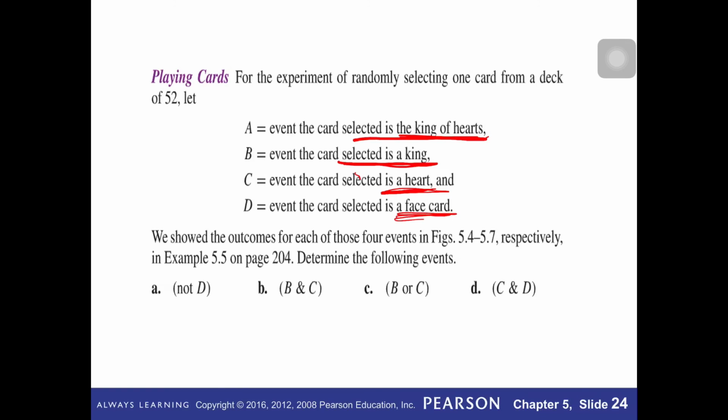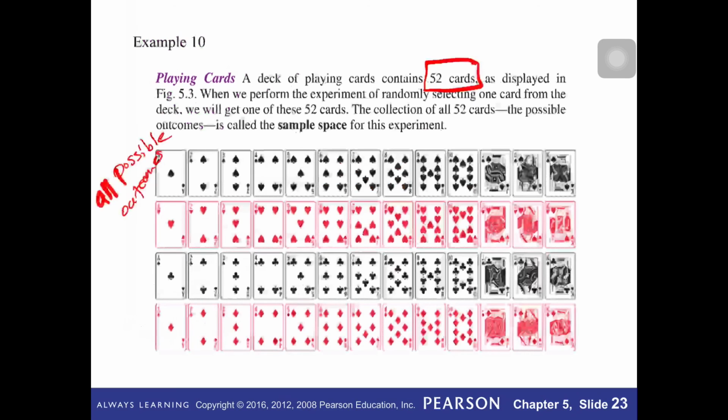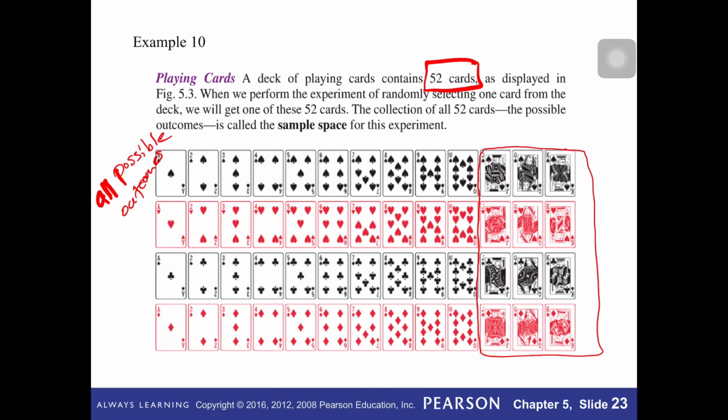Now we need to find the outcomes of not D. First, what is D? Not D means not face card, right? I need to find not face cards. What are the face cards? These are the face cards, right?